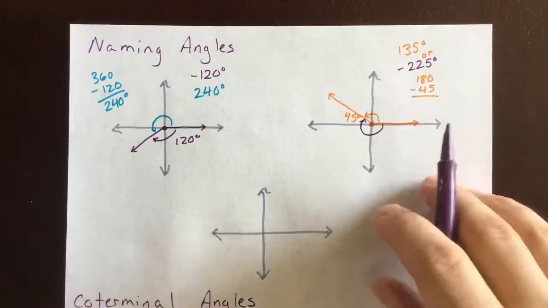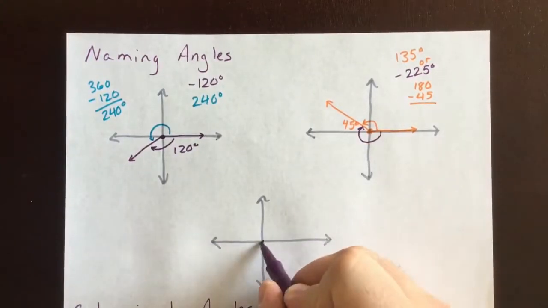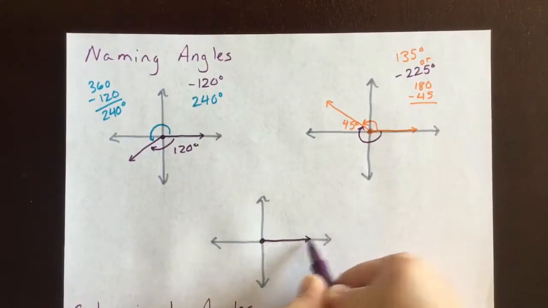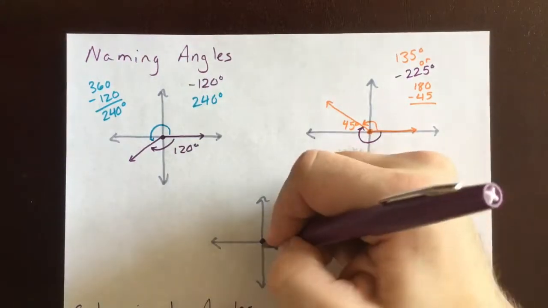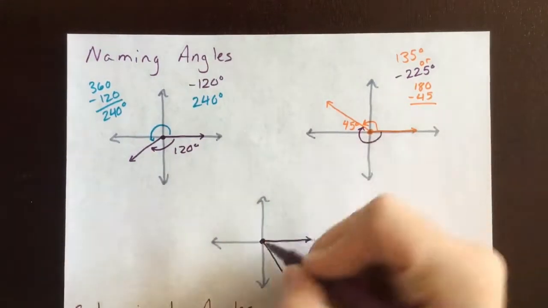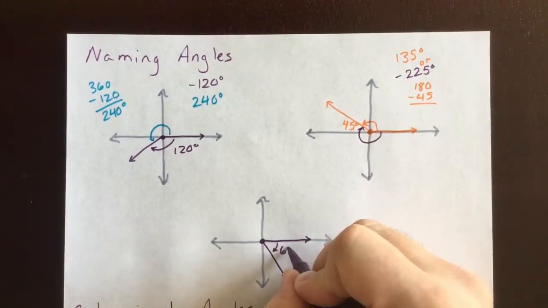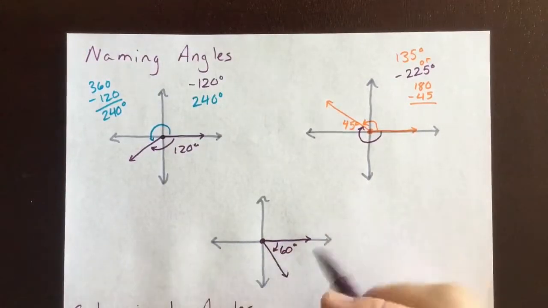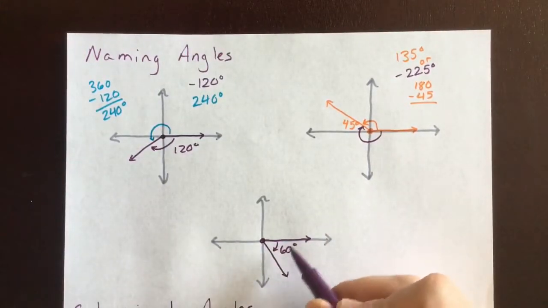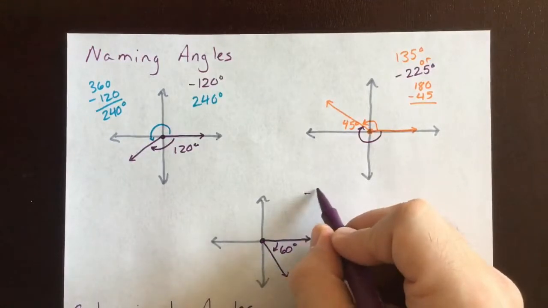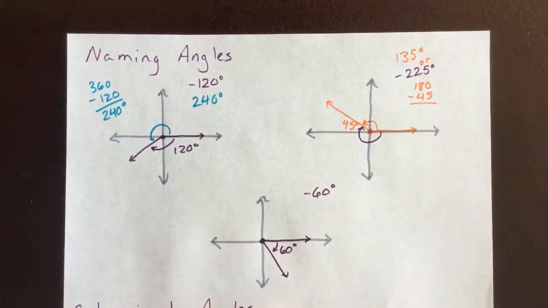And one more of these. Let's say we're doing this sort of thing, and we'll say this portion is 60 degrees. Well, right away, knowing how the direction changed on us, we can write down that this is negative 60 degrees.